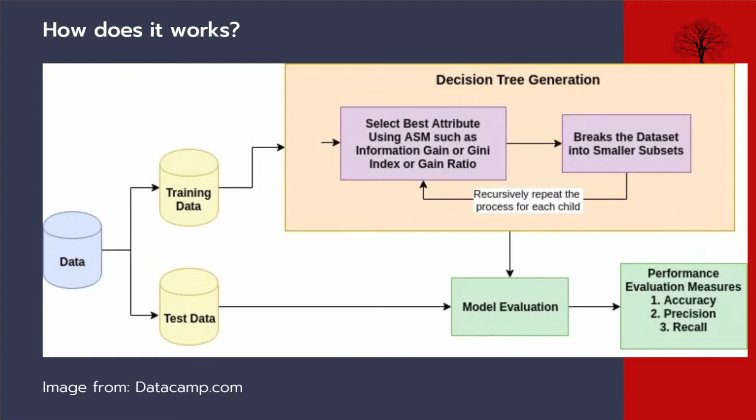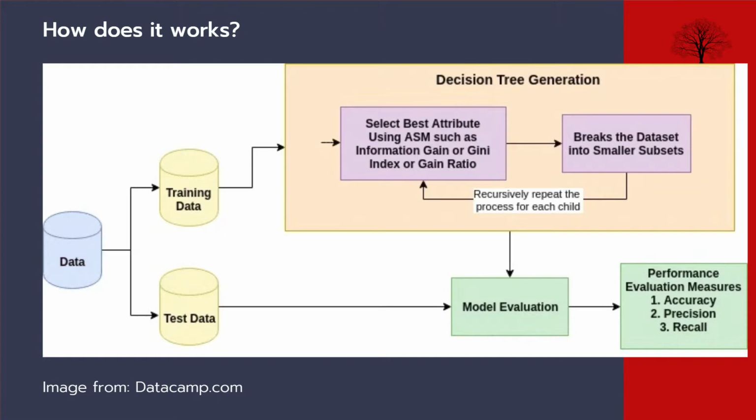Then we select the best attribute using attribute selection measures, or ASM, to split the records. This ASM is a heuristic for selecting the splitting criterion that partitions data in the best possible manner. It's also known as splitting rules because it helps us determine breakpoints for tuples on a given node.